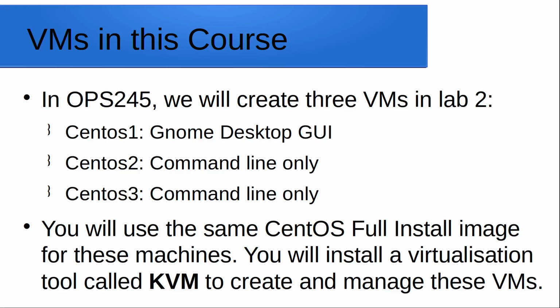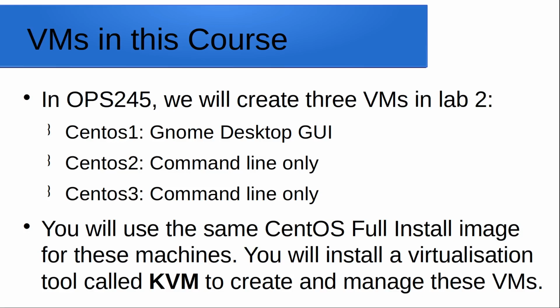So we're going to install 3 virtual machines: CentOS 1, CentOS 2, and CentOS 3 inside our C7 host. CentOS 1 is going to be pretty much straight up identical to what we did for the C7 host. That's going to be a GNOME desktop.